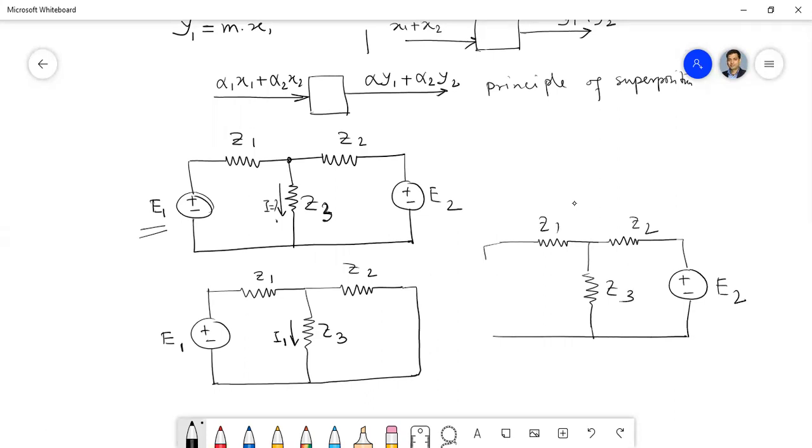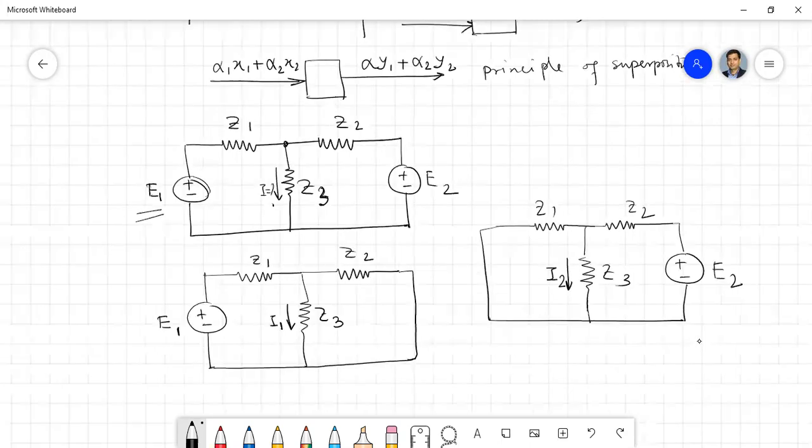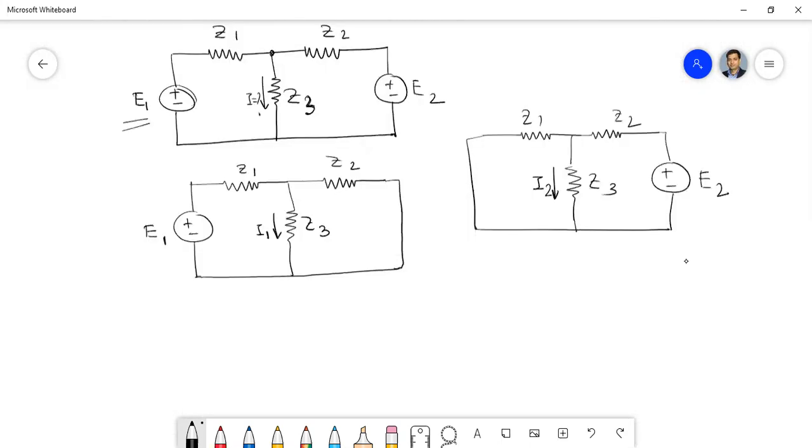But here you have to keep the E1 source off, meaning directly short circuit, and you have to find out again the current through Z3, and write it with a different name, I2.